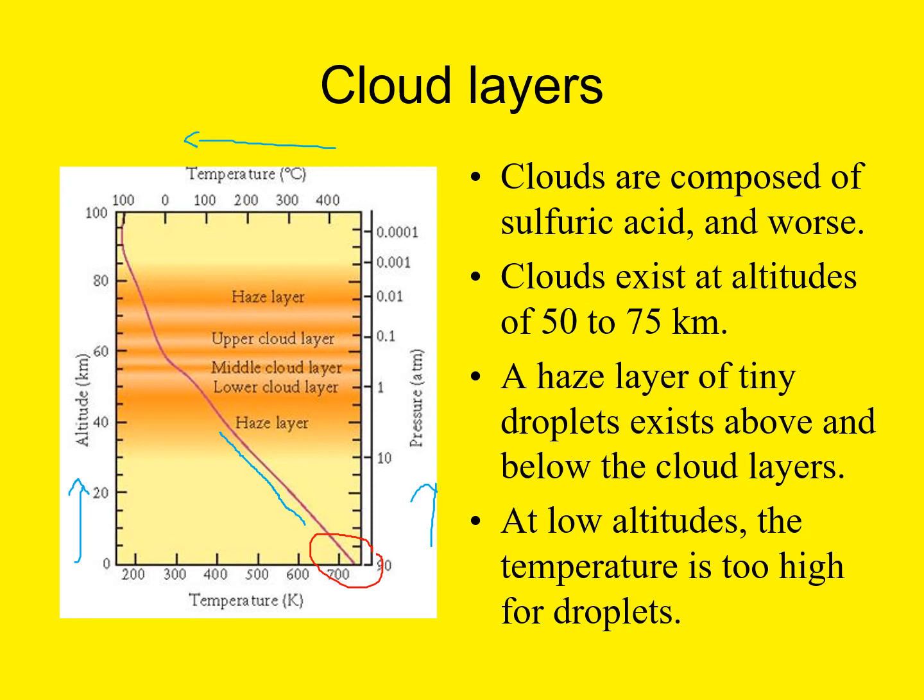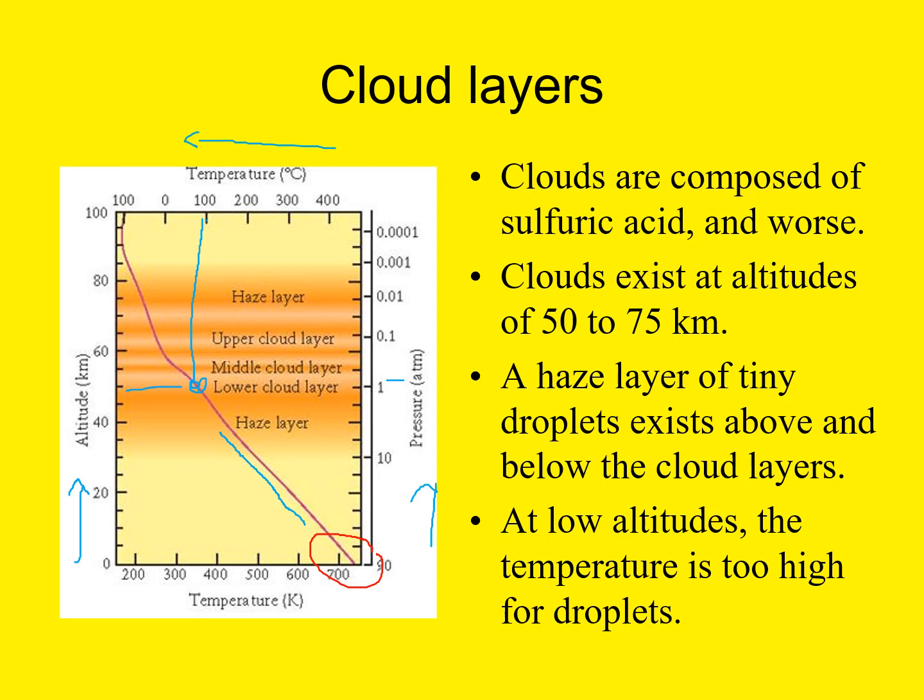So by the time you get up to the lower cloud layer, which is like 50 kilometers up, the pressure is about 1 atmosphere, so it's almost the same as Earth. The temperature is only slightly less than 100 degrees Celsius. So it's just slightly under the boiling point of water.